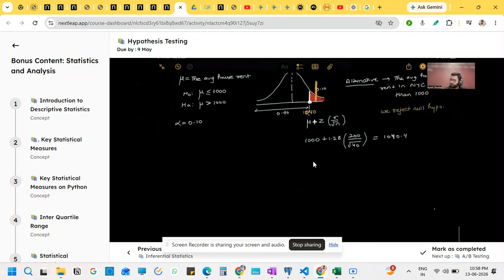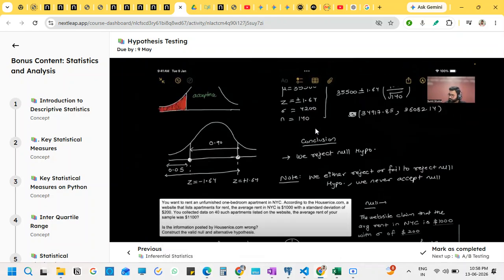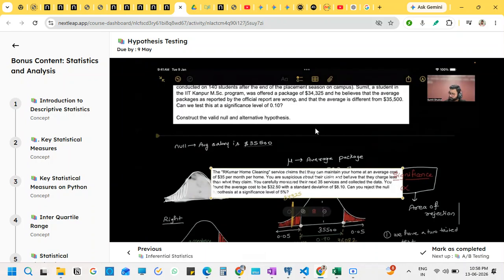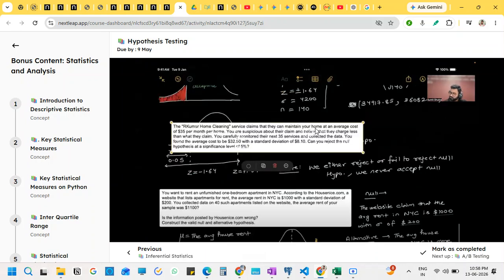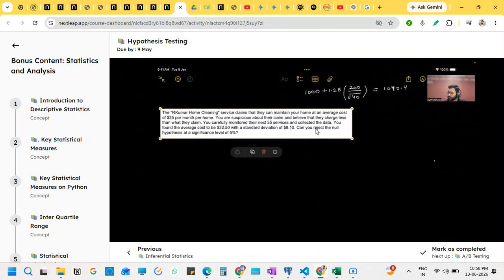Let's add one more question. The RK Housing Cleaning Services claim that they can maintain your home at an average cost of $35 per month. So null, average maintenance cost is $35.